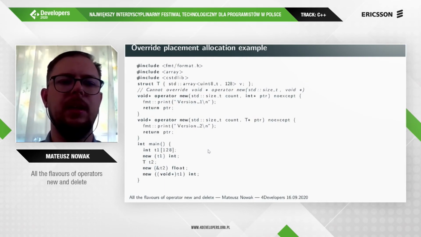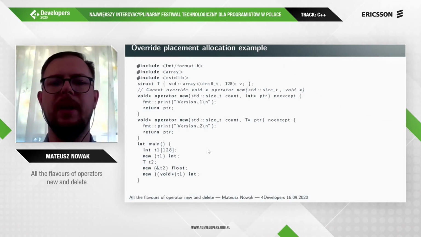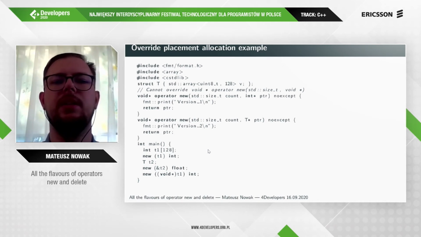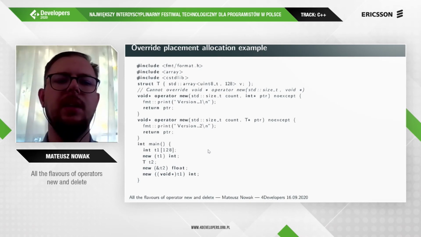Okay, and for placement new, this example is a little bit longer. So we have some type being just an array of bytes that we'll use later. As I said, we cannot override placement operator new with void pointer. It is prohibited by the standard.